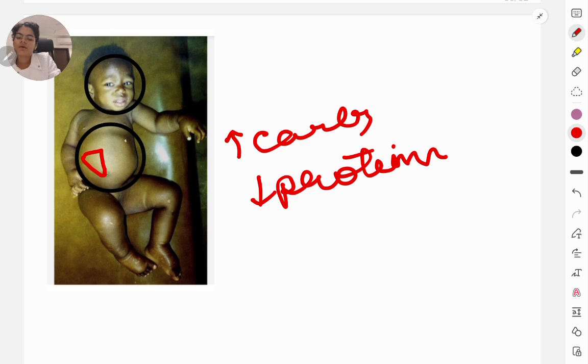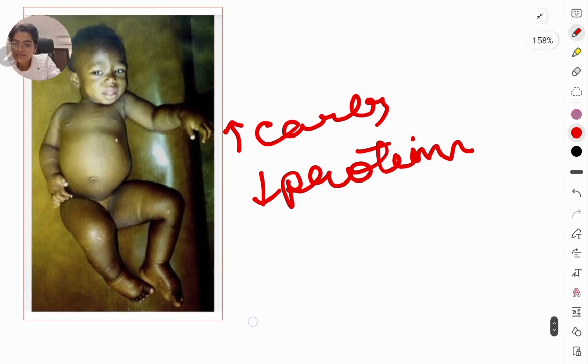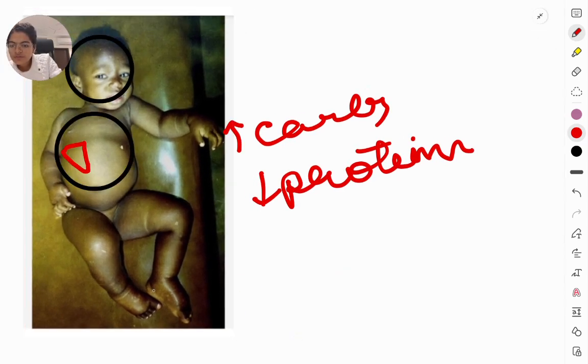Then there is a discoloration, see here on the feet, discoloration of the skin. Also the hair is getting discolored. Now he is not feeling like eating anything, so apathy is there. There is anemia also.